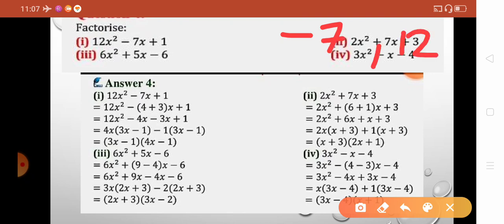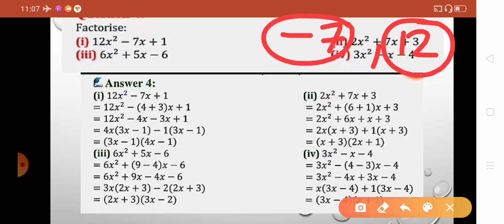Both the numbers should be in such a way that their sum is minus and their multiplication is plus. So both the numbers must be negative, because we have to get the answer as negative. So we will take minus 4 and minus 3, because 4 3s are 12 and 4 plus 3 is 7. So both the numbers should be minus 4 and minus 3.